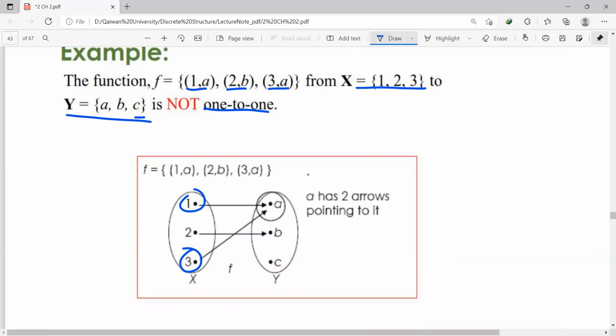That's why we say this function is not one-to-one.